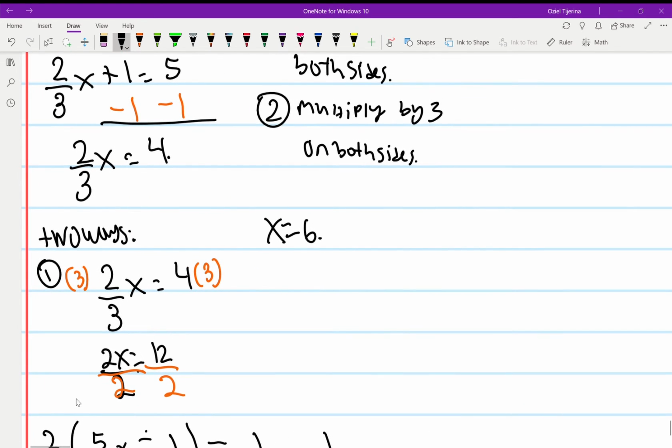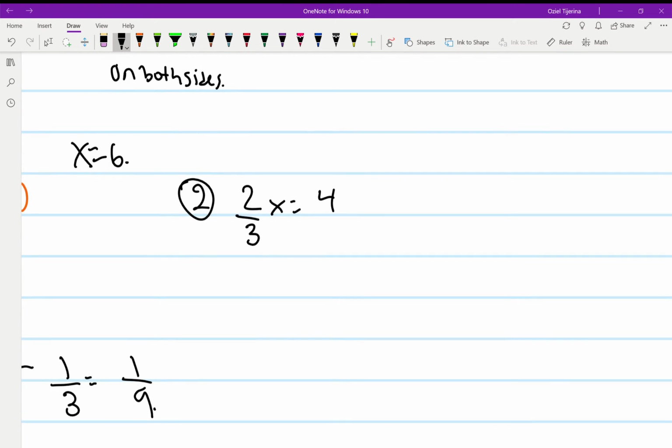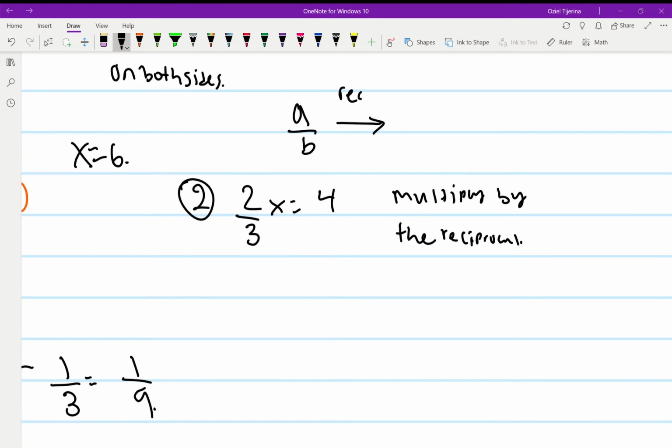The second way that I would do it is I would get 2/3 x equals 4, and you can literally just multiply by the reciprocal. If I have a over b, the reciprocal would be b over a, okay?